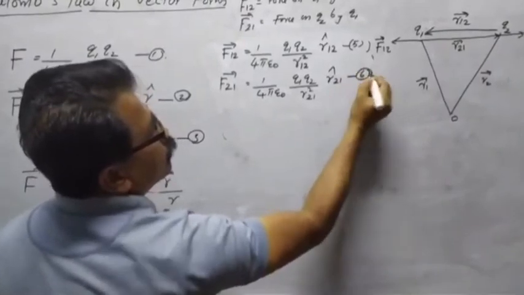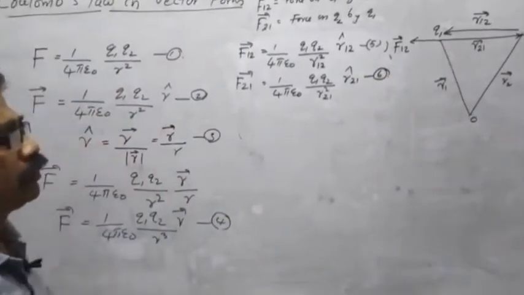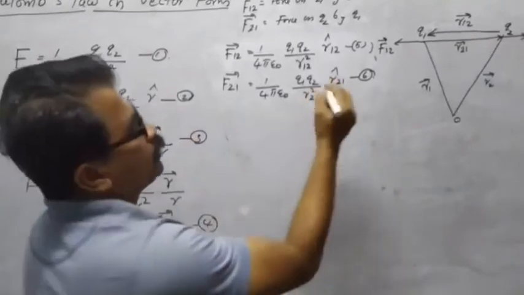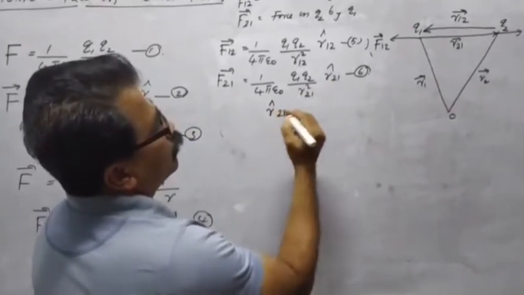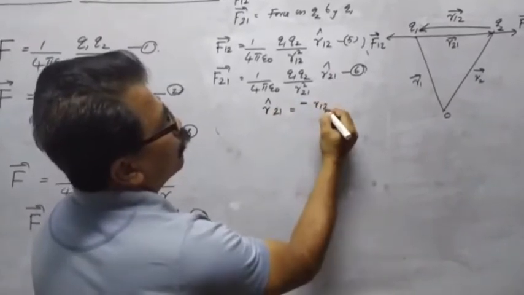This is equation number 6. But R21 equals minus R12.